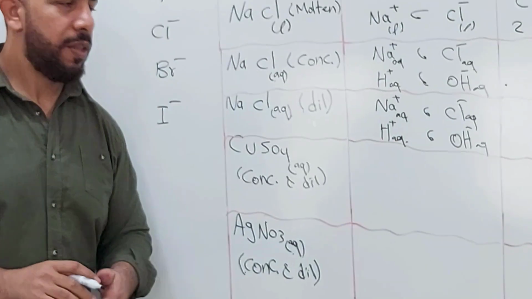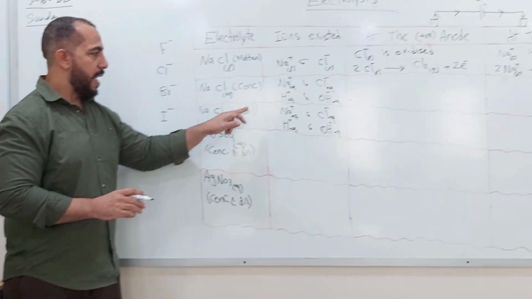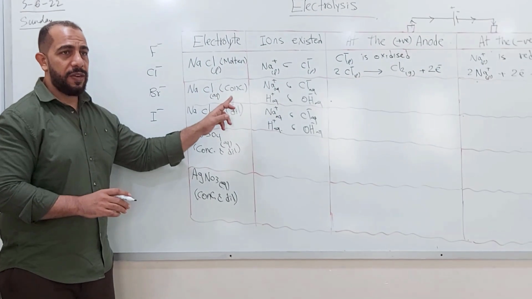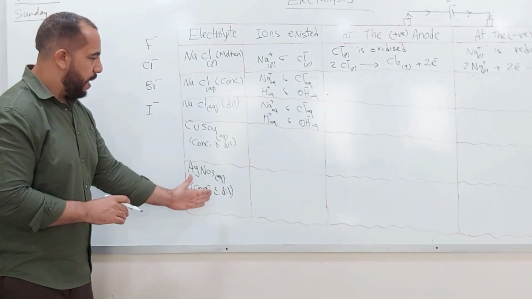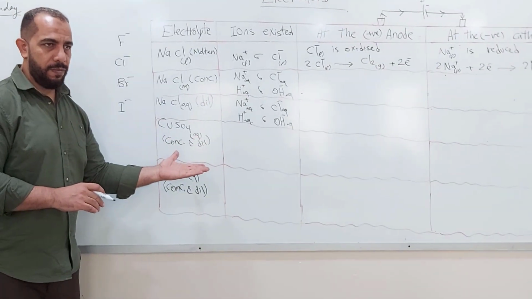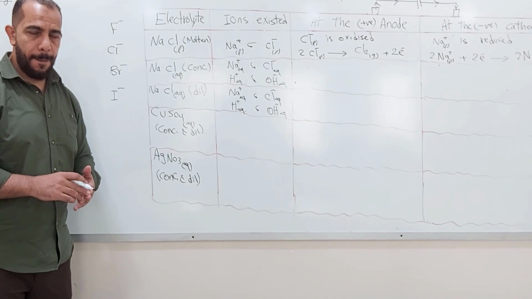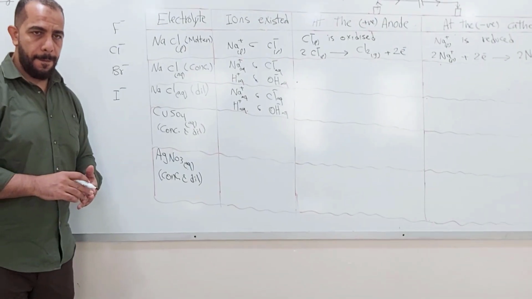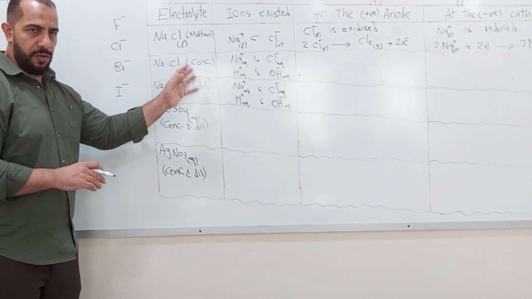In case of a halide, we will have a difference between the concentrated solution and diluted solution. Take care, this is only in case of the halides. Otherwise, for the rest of the amines, it doesn't matter. What if it's concentrated and diluted in a halide? We'll see now what the difference between concentrated and diluted is.